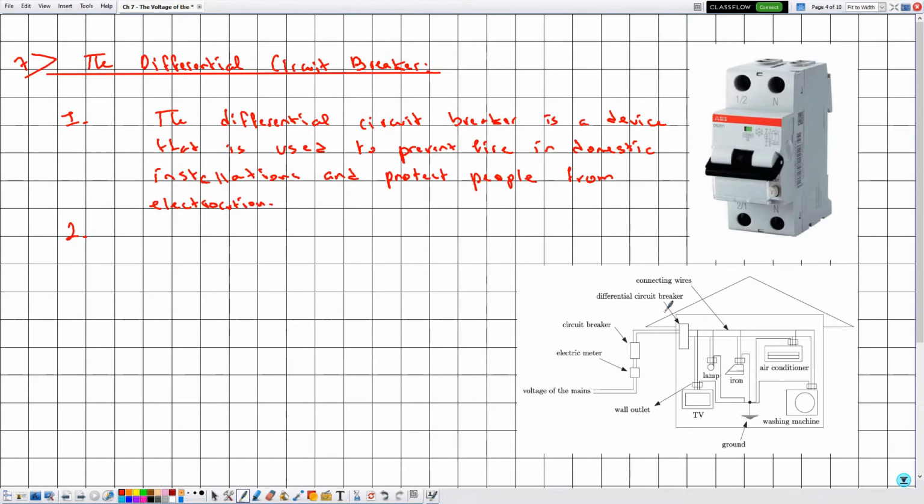Now let me write idea number 2, that it is usually installed across the wires leaving the circuit breaker entering our home.